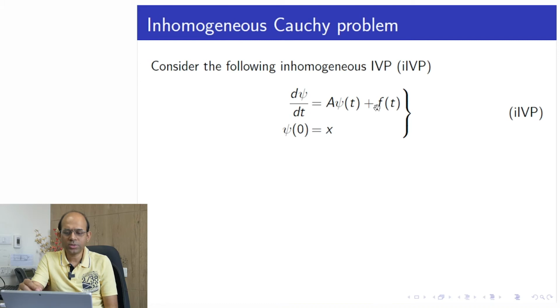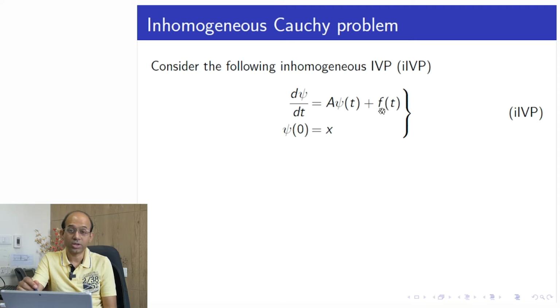Consider the following inhomogeneous initial value problem. Why do we say inhomogeneous? Because I have some more term here. Earlier it was just f equal to 0, so the equation was a linear equation. Now it is no longer just a linear equation, because we have f of t. However, it is affine linear in some way, because this is just a constant.